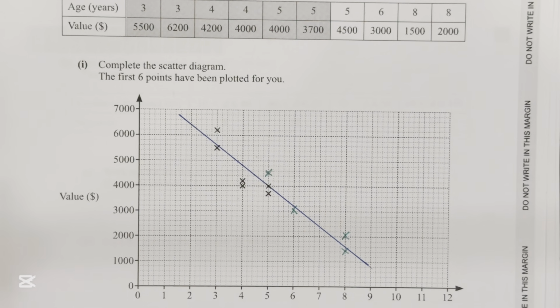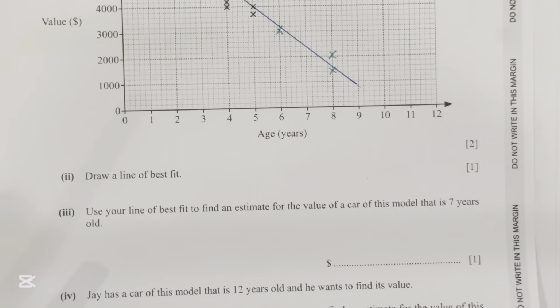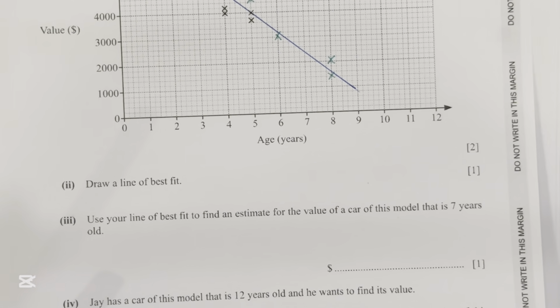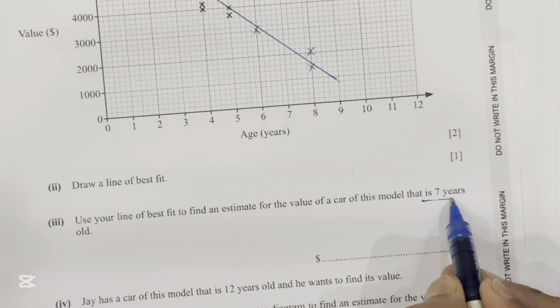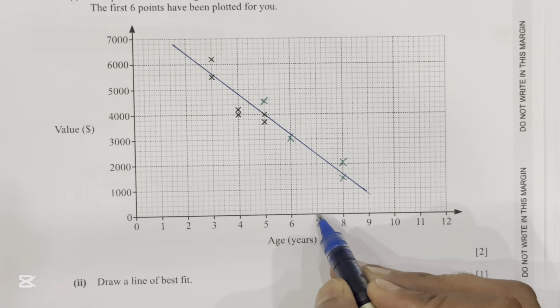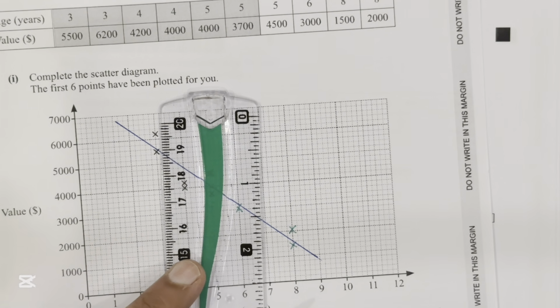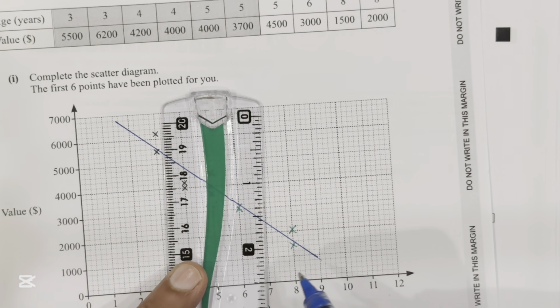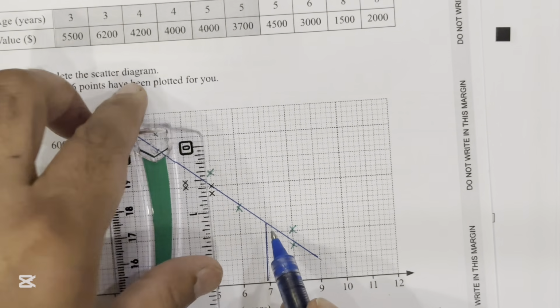Now the second part, you use your line. Okay, now you can see, use your line of best fit to find an estimate for the value of a car of this model that is 7 years old. So 7 years old is over here.